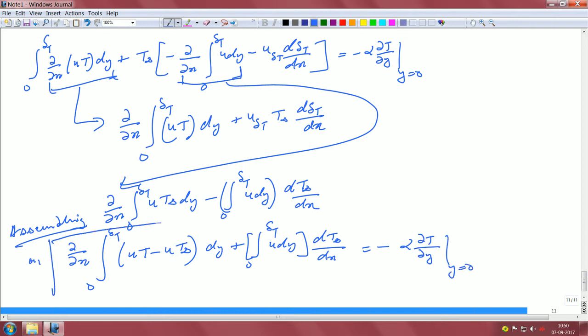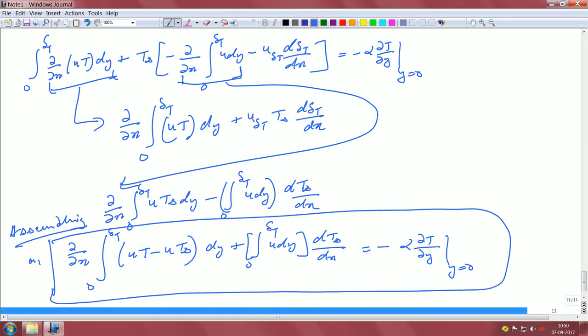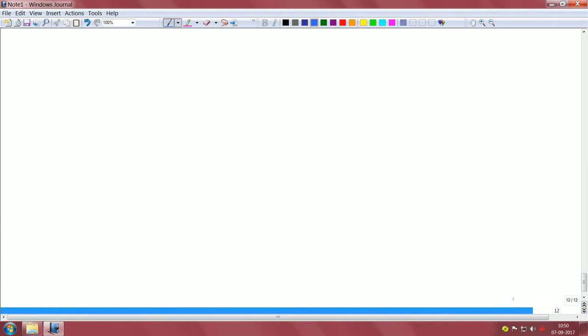Right. So, that is the total temperature profile that you get.